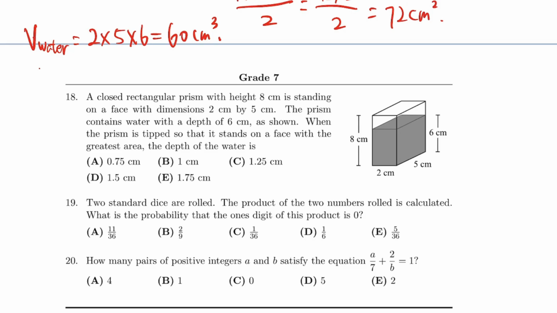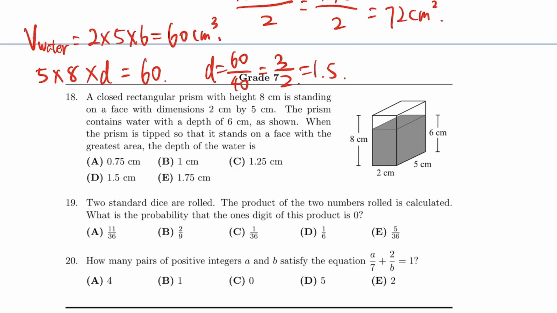So it's 5 by 8, which should be 5 times 8 times the depth, right? Equals 60. So we can calculate it. The depth should be 60 over 40, 3 over 2, which is 1.5 centimeters. Answer is D.